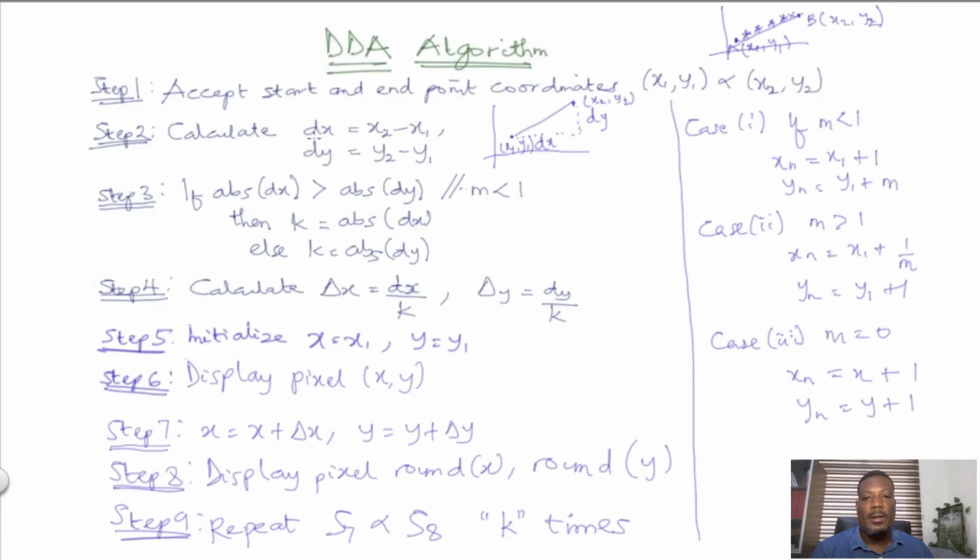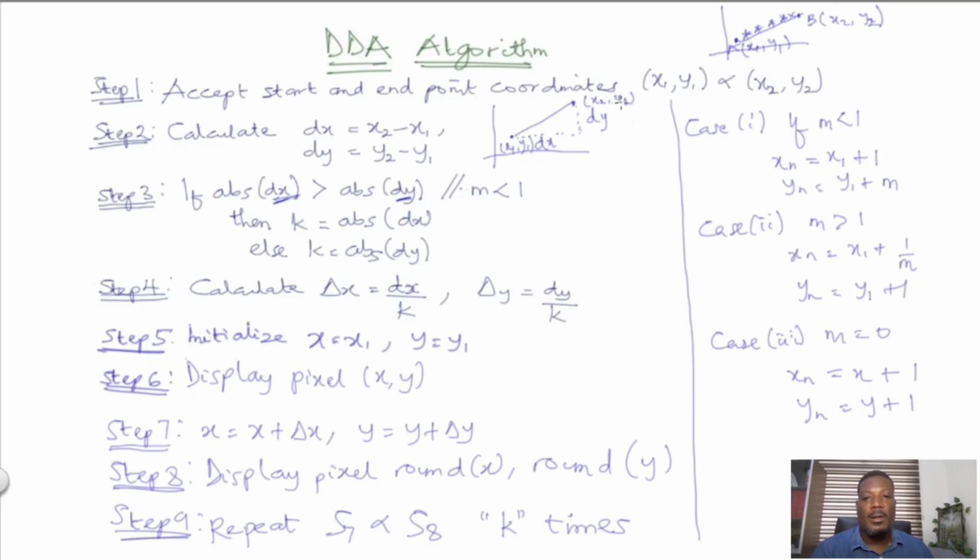So we first of all calculate dx, which is equal to x2 minus x1, and dy, which is y2 minus y1. The next step is to find the absolute values of dx and also dy.